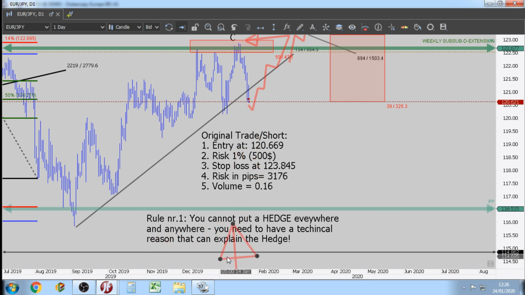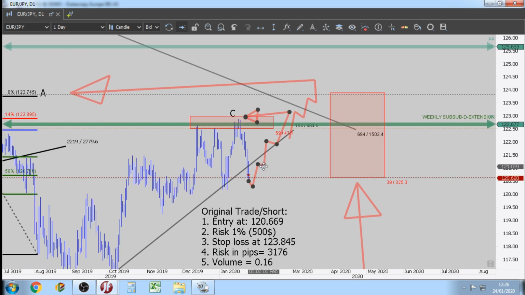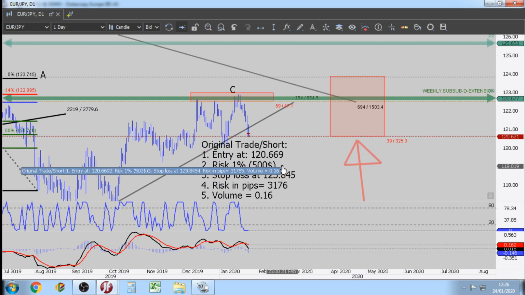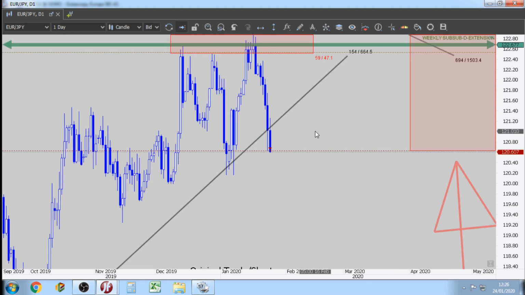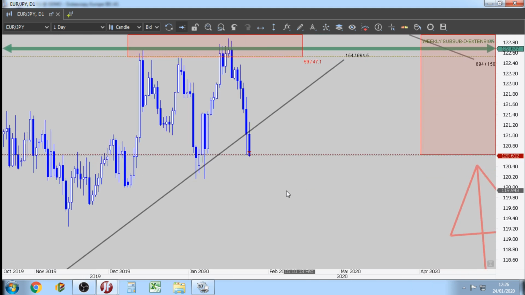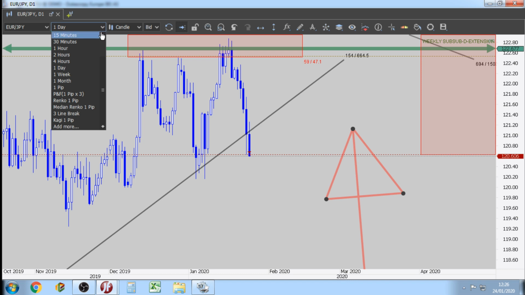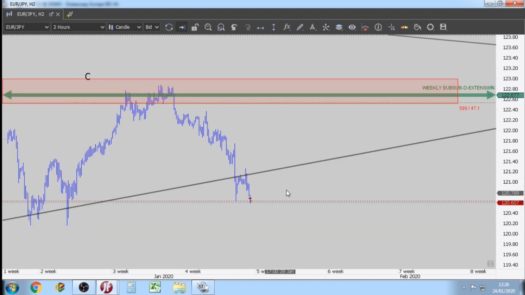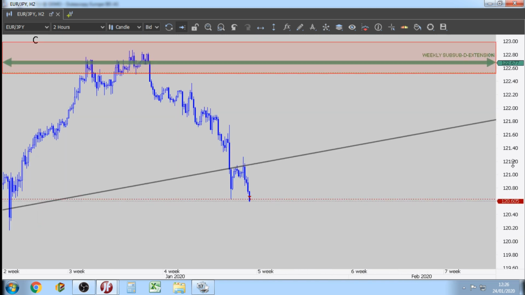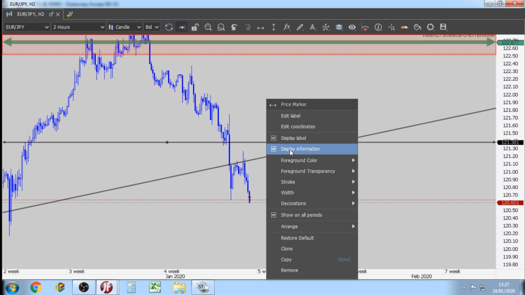Why is that? We explained in the beginning, a hedge is a trade, right? And what does the beginner, the semi-professional, or even the professional trader who does not understand hedging do? Again, there are many ways to hedge and many models. What I'm going to do right now is wrong. I'm going to jump from the daily chart to the 2-hour chart and say, well, if I'm wrong, I'm going to put my hedge 10 pips above the most recent high.